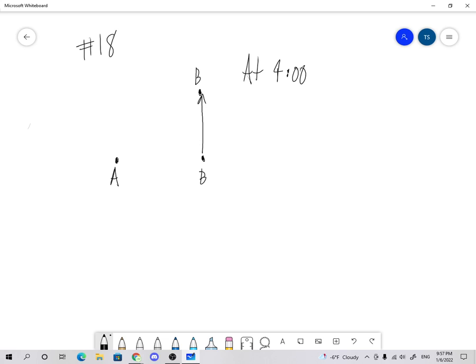Which means that from the initial position of A over here, this length X would also have happened. So let's just draw this. Oh, I can't draw straight lines.